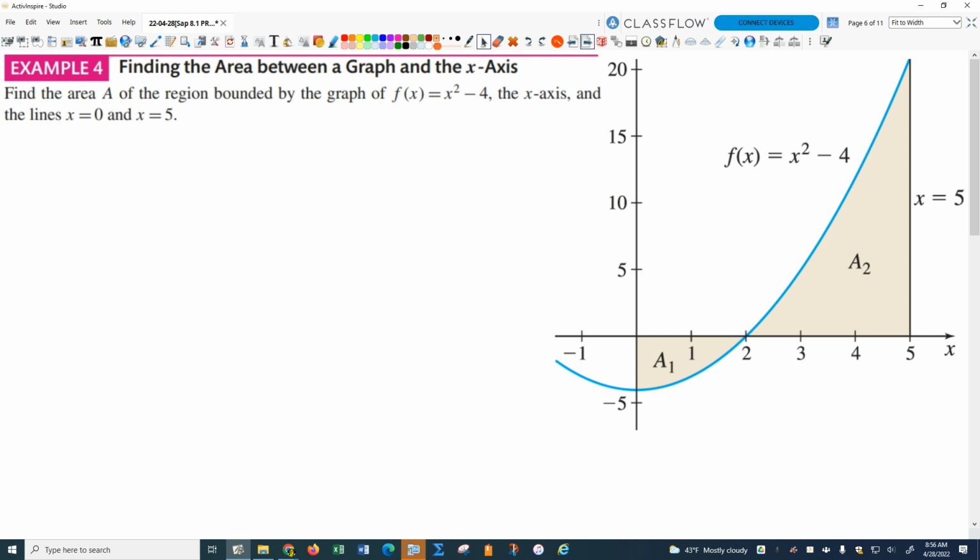Now, you can do this a couple ways. We talked about this earlier. One way to do it would just be to put absolute value bars around each of the separate integrals, right? You certainly could do that.